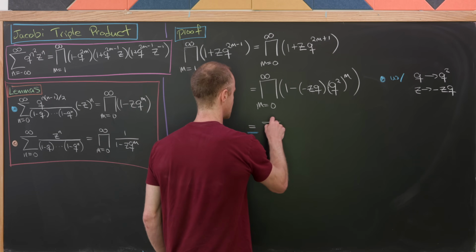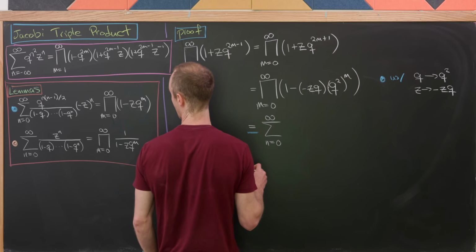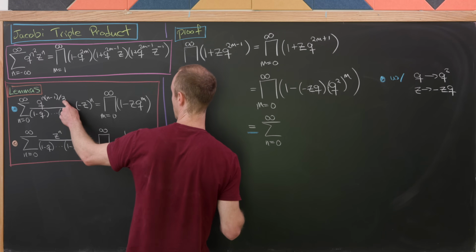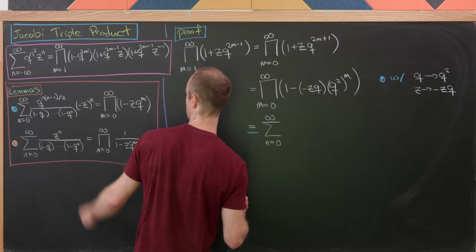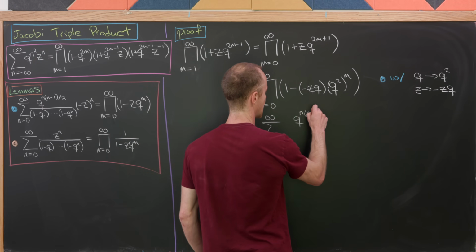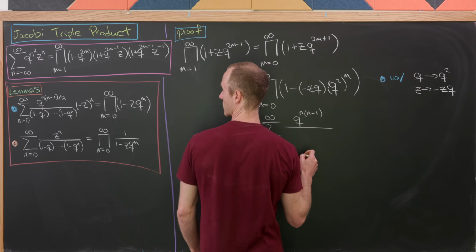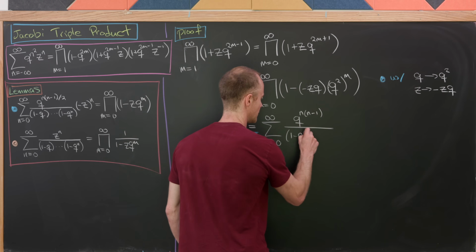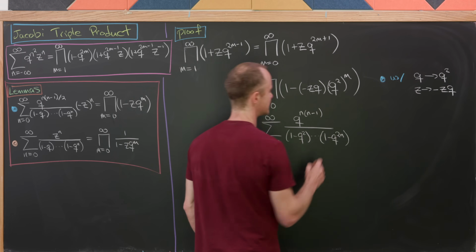So now this is going to be the sum as n goes from 0 to infinity of, well, notice we'll have q squared raised to this power over 2, but the 2 from the q squared and the 2 in the denominator will cancel, leaving us with q to the n times n minus 1 in the numerator. And then over here we'll have, well, it's going to be 1 minus q squared multiplied to 1 minus q to the 2n.